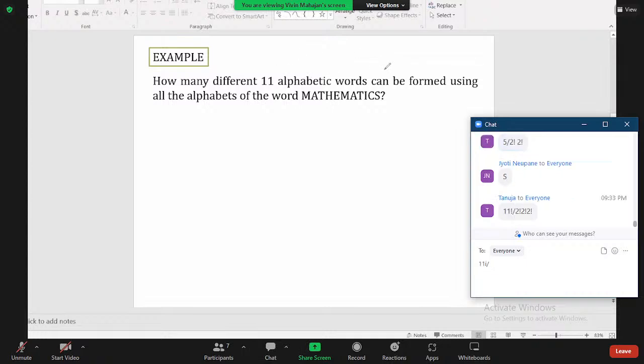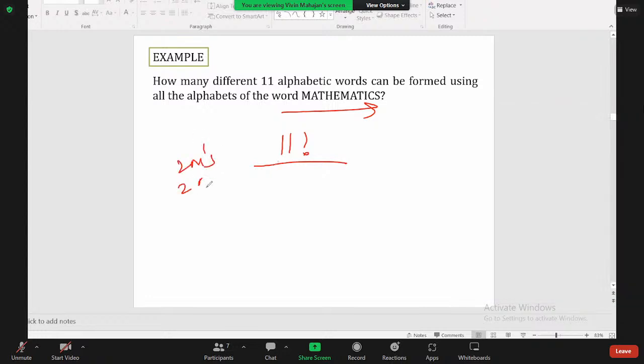It's going to be very lengthy. So I'll be writing the answer. 11 different things can be arranged on a straight line in 11 factorial ways, wherein 2 m's are repeating, as well as 2 a's, and then finally 2 t's are repeating. So for 2 m's, we'll be dividing with 2 factorial. For 2 a's, we'll be dividing with 2 factorial, and for 2 t's, we'll be dividing with 2 factorial, and this will become the answer to the question. Am I clear about it?